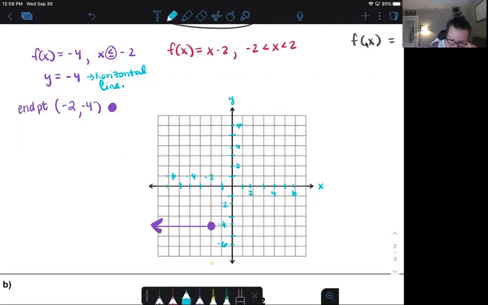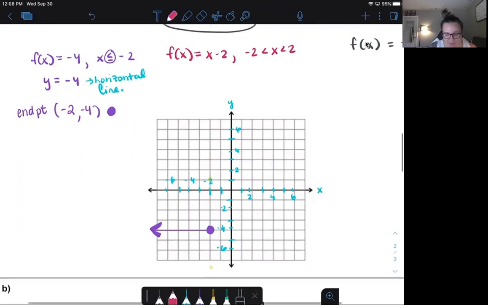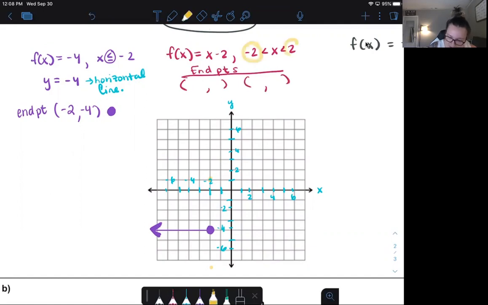All right, let's move on to the second part. So the second function is f of x equals x minus 2 when x is greater than -2, but less than +2. So we have two endpoints we have to find here. We have an endpoint we need to find for when x is -2 and +2.